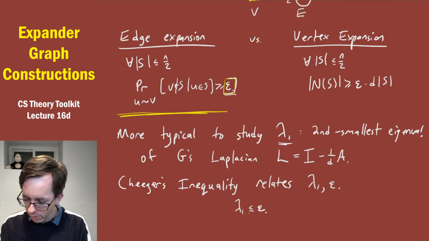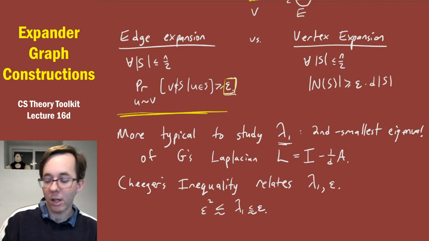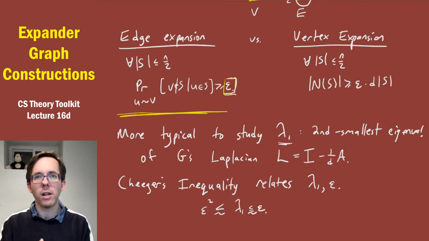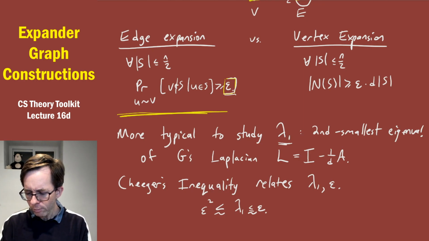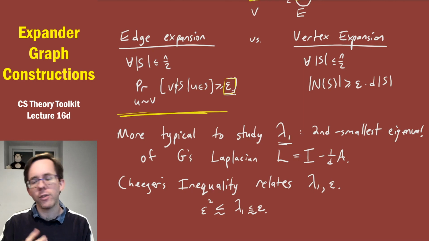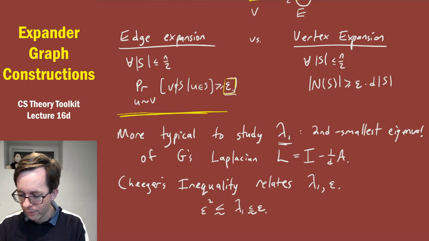Let me just put a little squiggle here to denote up to a constant factor. The hard direction of Cheeger's inequality is that also if lambda 1 is large, then epsilon, the edge expansion parameter, is also large, up to a square. So this two-sided inequality says that if you're interested in edge expansion, and you're being a bit qualitative about things, then it suffices to study this eigenvalue.